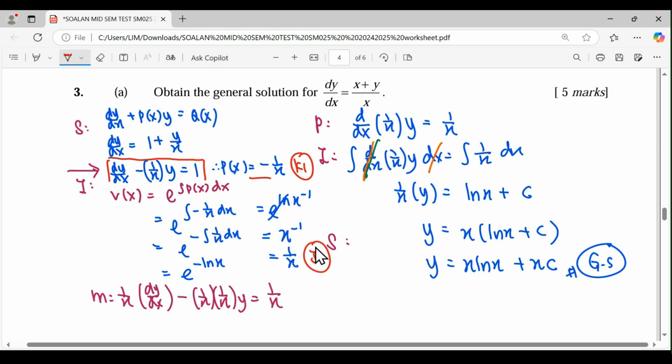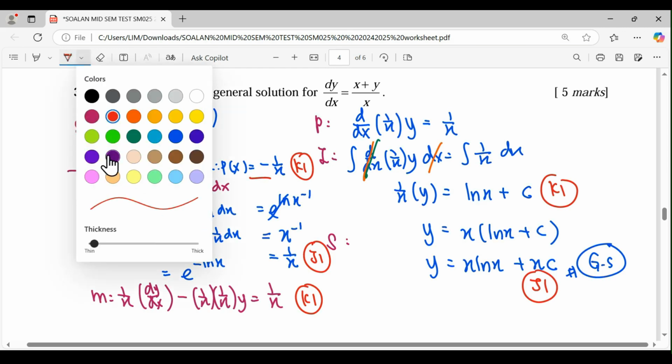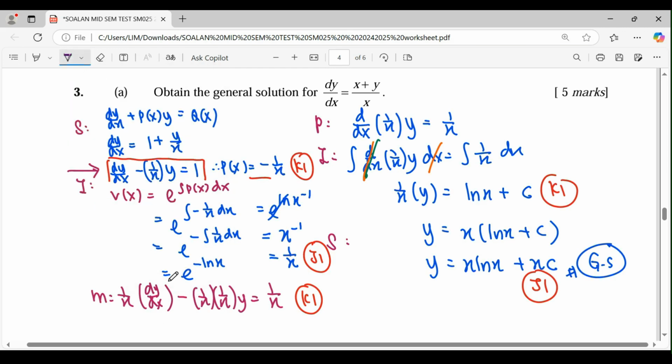Then perform our multiply step so that you can get to your product rule. And we see here you integrate both sides to get your solution correct. Rearrange your solution to get y as the subject here. So that's all for this number 3. We move on to number 4.